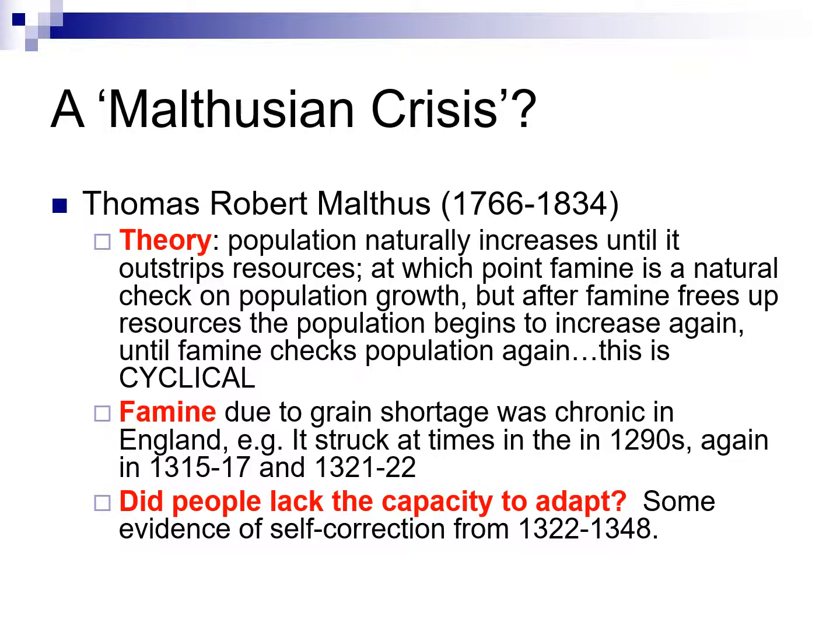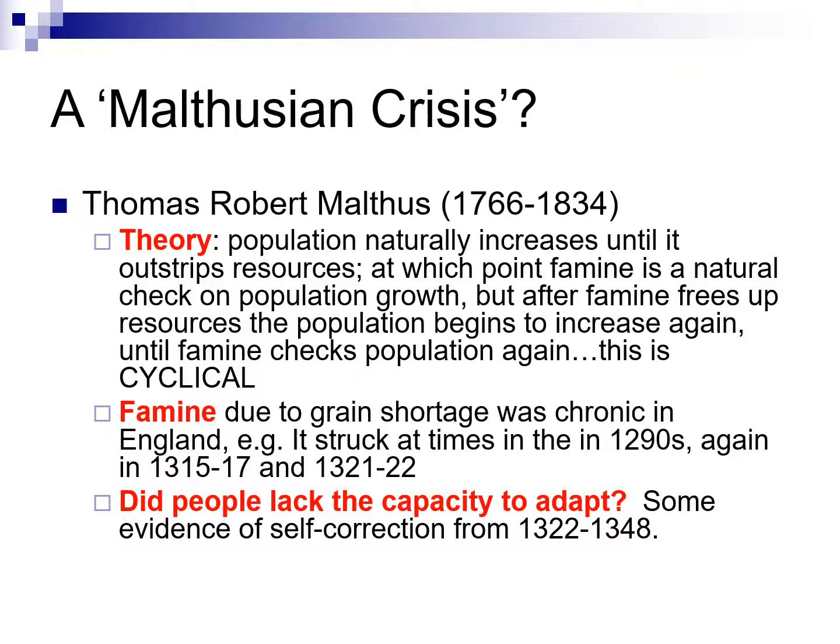But after famine frees up resources, the population begins to increase again until famine checks population again, and that this is cyclical. You'll sometimes hear these checks on population referred to as a positive check, not positive in an emotional sense, but rather positive in the sense that it directly drives down population density.